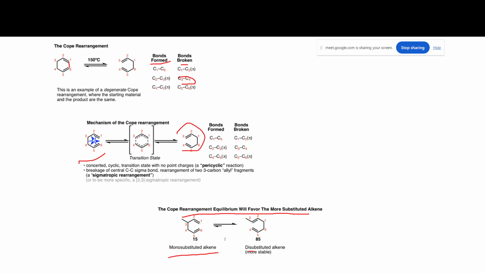So from the monosubstituted alkene you are forming a disubstituted alkene, which will be more stable. So this is favored in the Cope rearrangement.